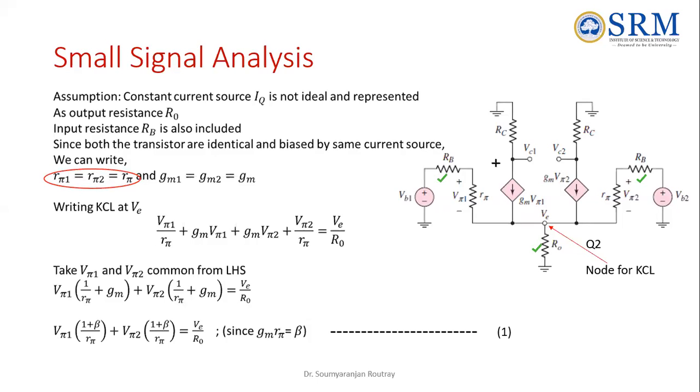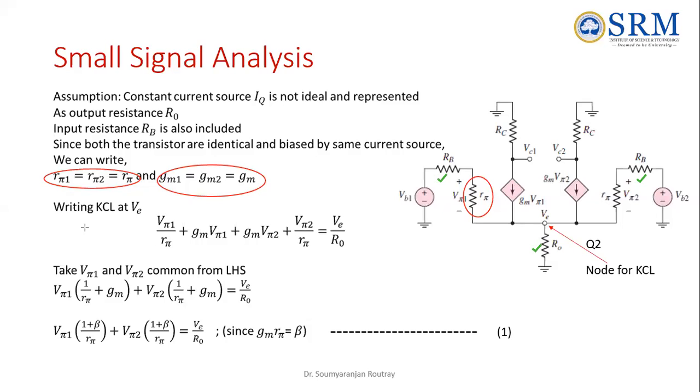R pi is the internal resistance mentioned here, the same for Q1 and Q2. Similarly, transconductance gm1 equal to gm2 equal to gm, since both transistors are identical.